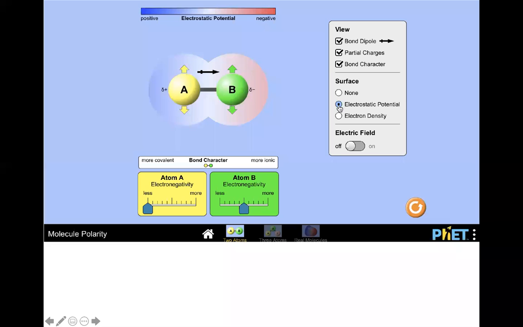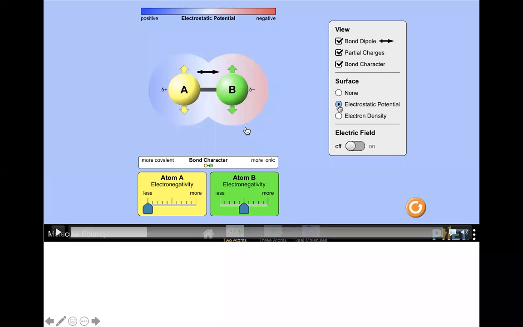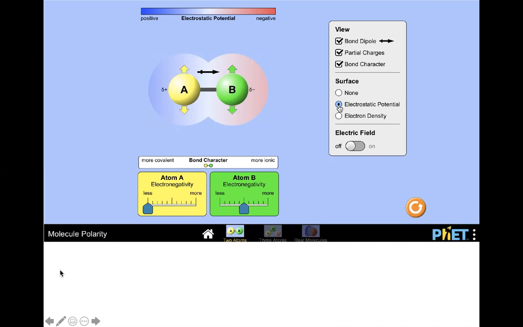So what I'm going to do next is I'm going to make atom B more electronegative. Let's keep track of what's happening within the sim then. See if you can spot changes.